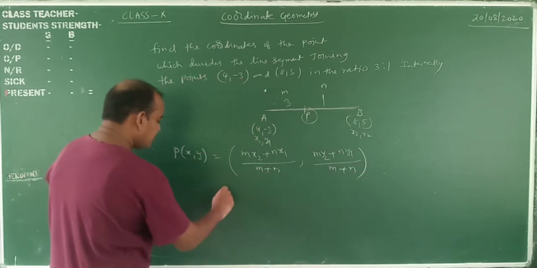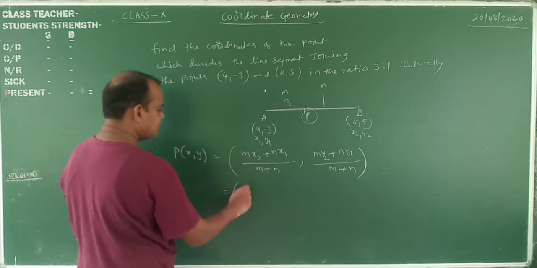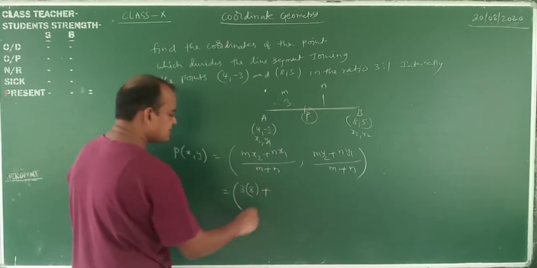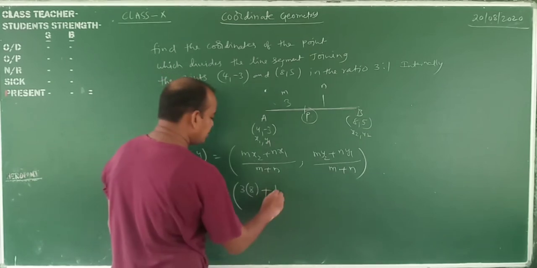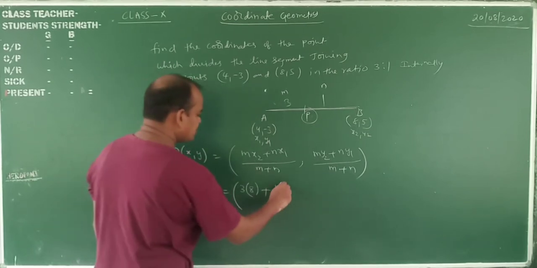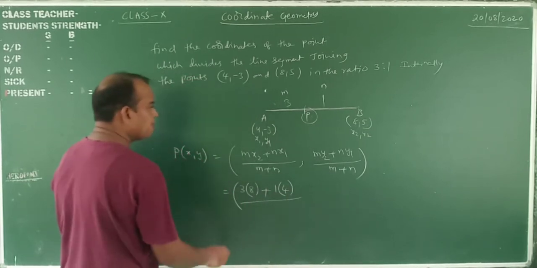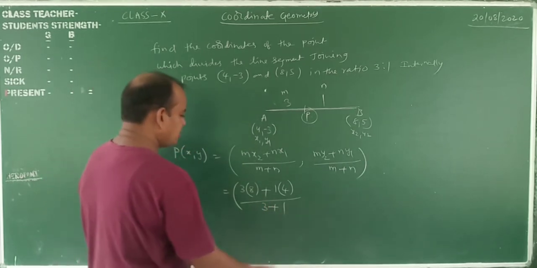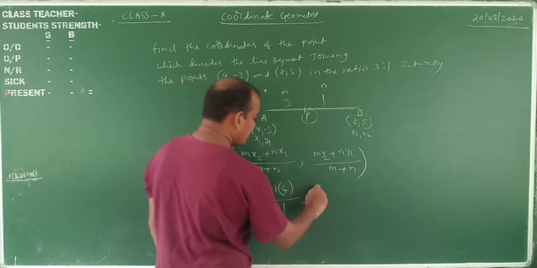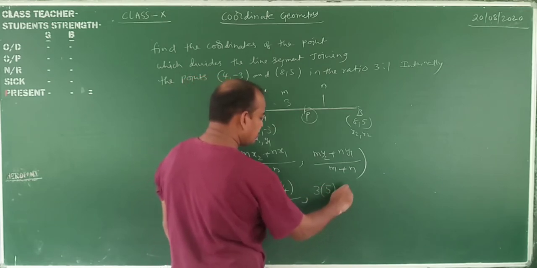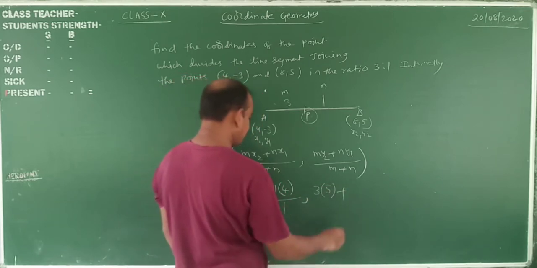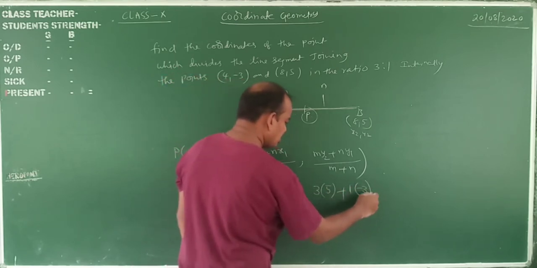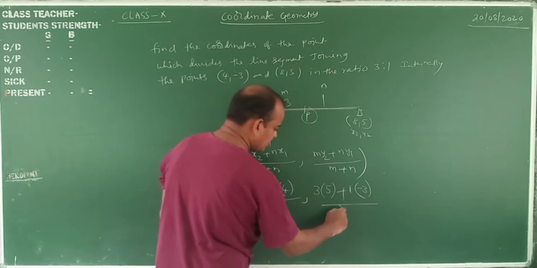Now substitute: m is 3, x2 is 8, plus n is 1, x1 is 4, by m plus n, 3 plus 1. Comma, m is 3, y2 is 5, plus n is 1, y1 is minus 3, by 3 plus 1.